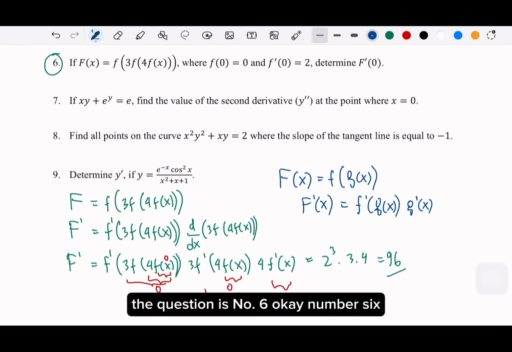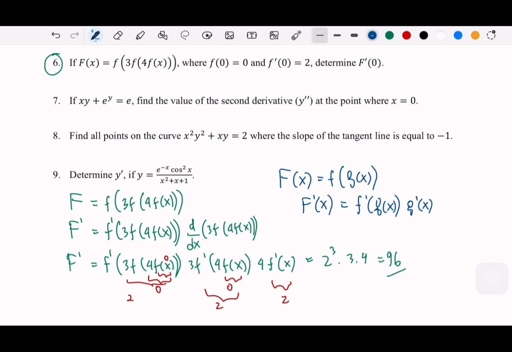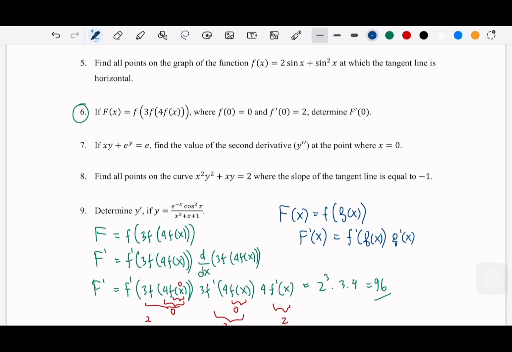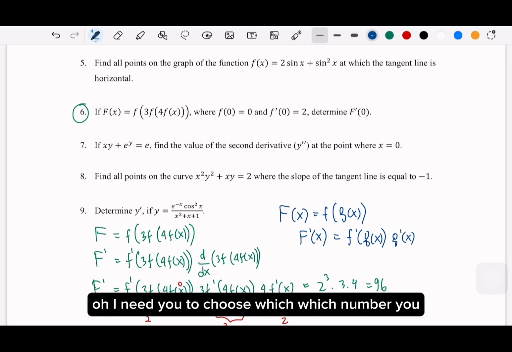The question is number 6. Okay, number 6. I need you to choose which number you feel needs more explanation.